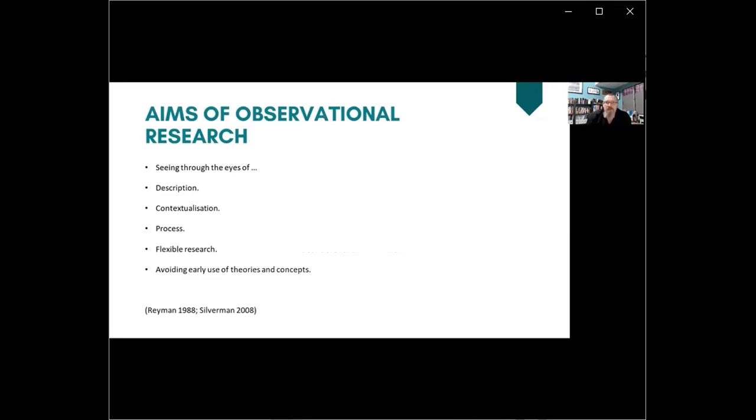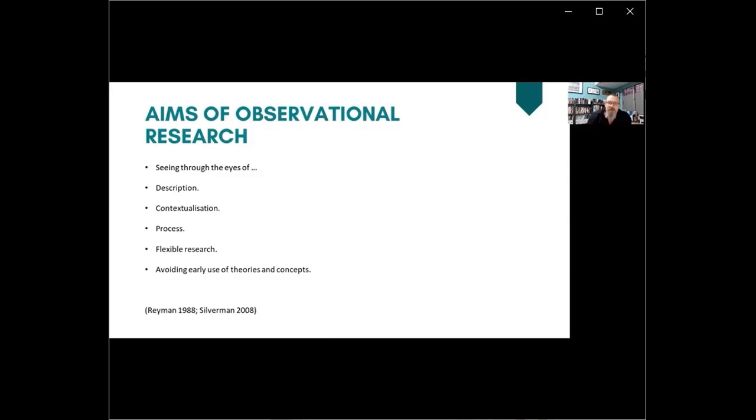So the aims of observational research are really sixfold. First, seeing through the eyes of others, but also seeing through the experience. So we're viewing events, actions, norms, values from the perspective of the people being studied. It gives us that closer connection.